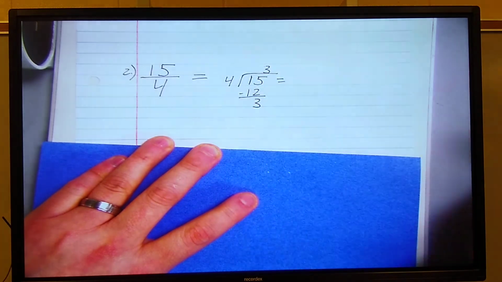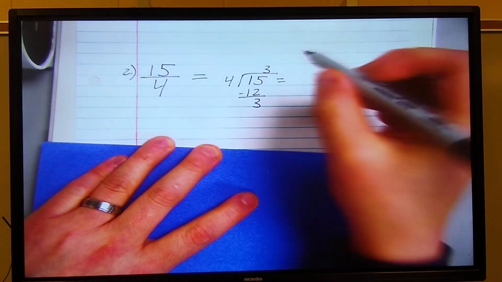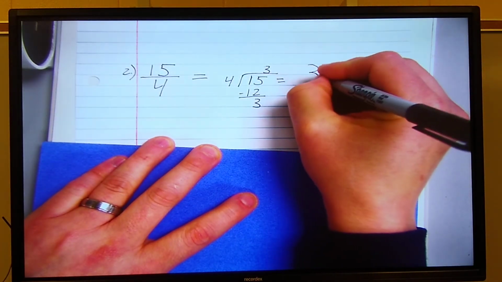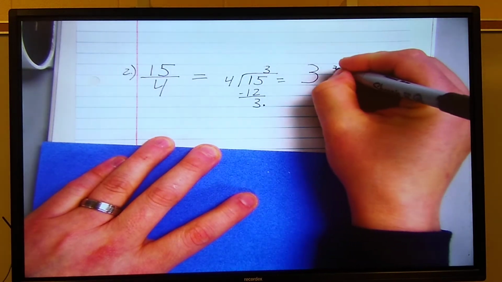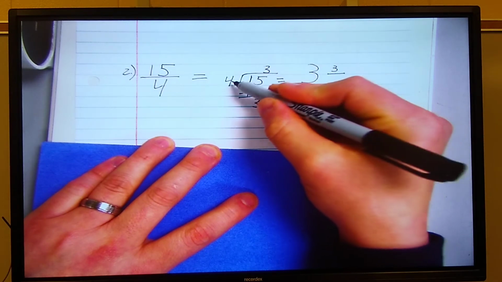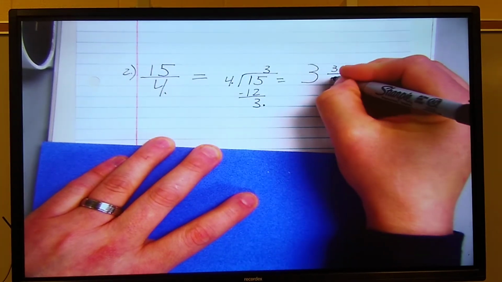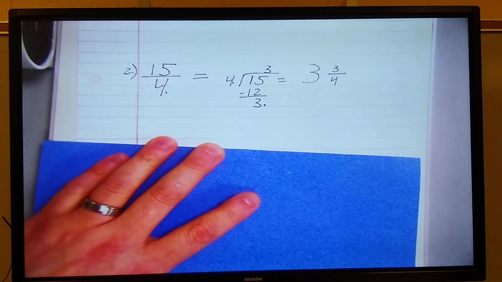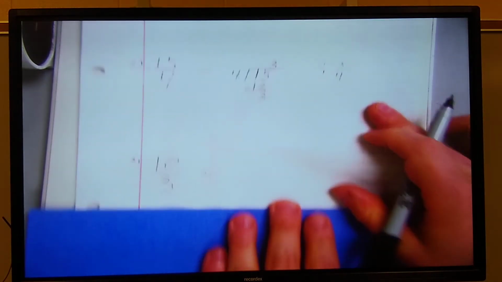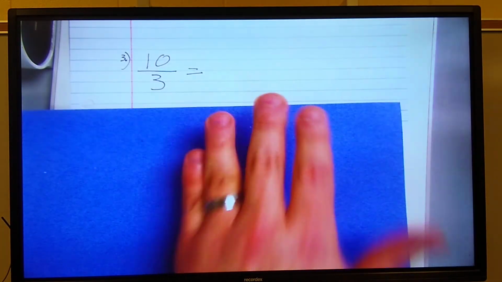So, my quotient is my whole number. My remainder is my numerator. My denominator stays the same. The answer is 3 3/4. Very good. Now, do this one.